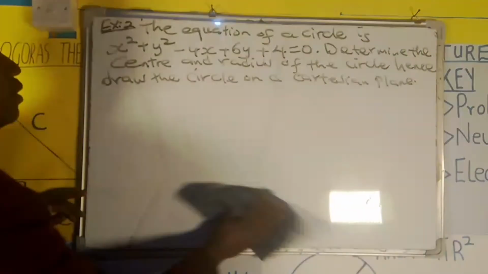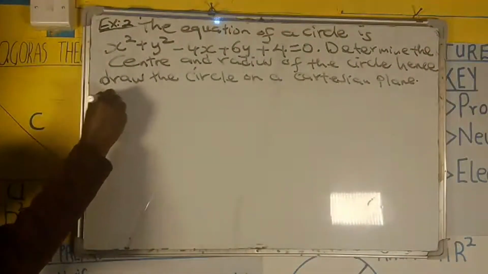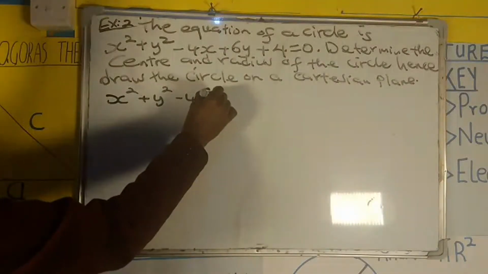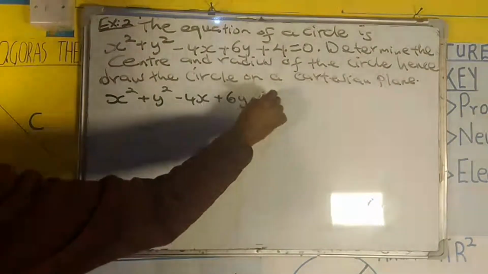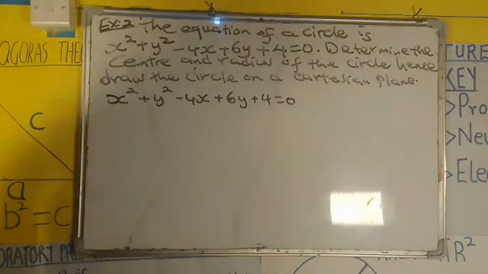So, we already have the equation of the circle, which is x squared plus y squared minus 4x plus 6y plus 4 is equal to 0. Tutaweka like terms pamoja.